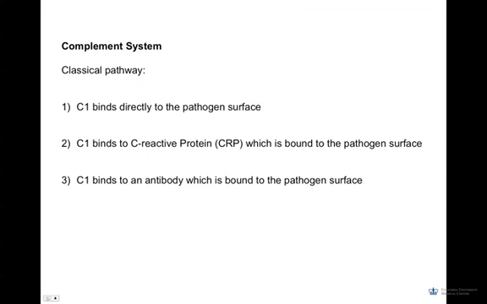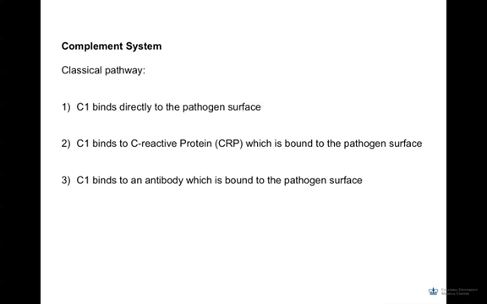The classical pathway involves starting with the first complement protein, or C1. C1 is going to start the cascade in the classical pathway, and C1 can become activated in three different ways.